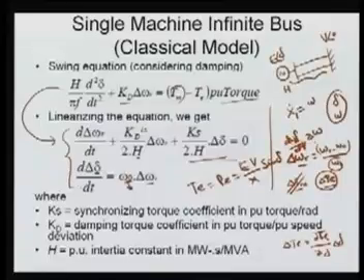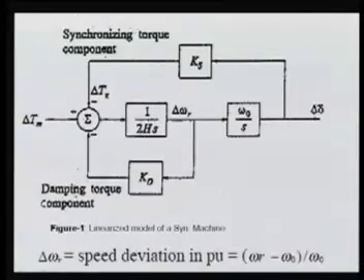So we are getting these two equations, and these two equations can again be written in this block diagram, that is a linearized model of the synchronous machine. From here we can write the transfer function in terms of change in Tm and change in delta, and then we can analyze what will be the behavior of the system following any disturbance.